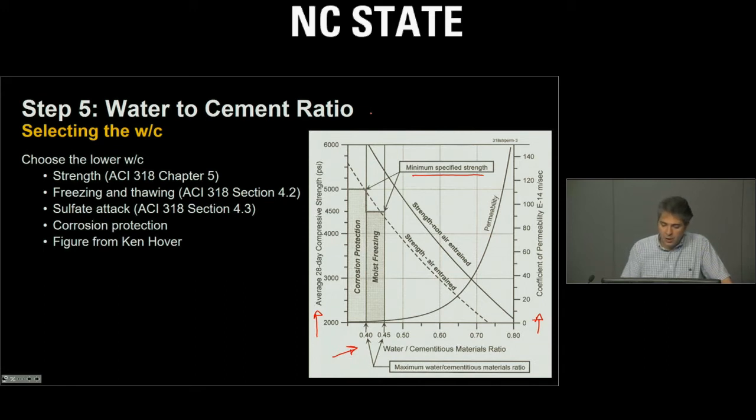If we have a condition of moist, freeze, and thaw, we have to have the maximum water-cement ratio of 0.45. If we are worried about the corrosion of rebar, for example, in the bridge deck that's exposed to de-icing salt or the seawater, and we need to have corrosion protection, the maximum water-cement ratio is shown over here as 0.4.